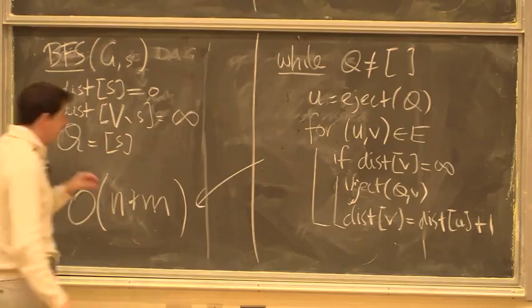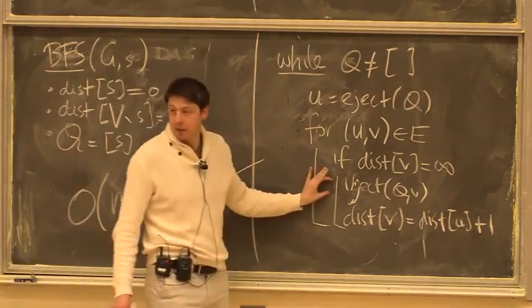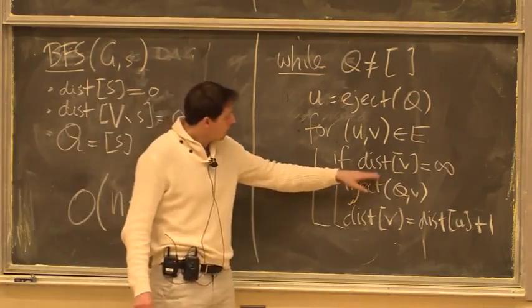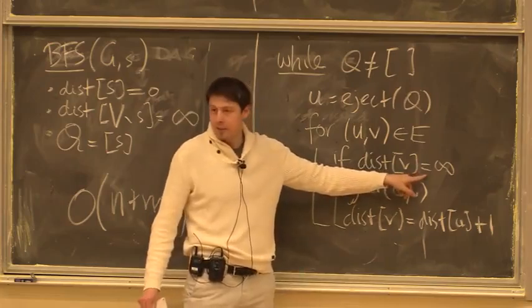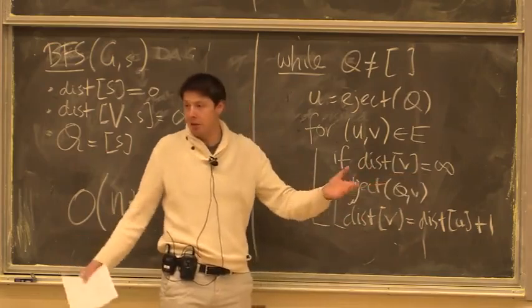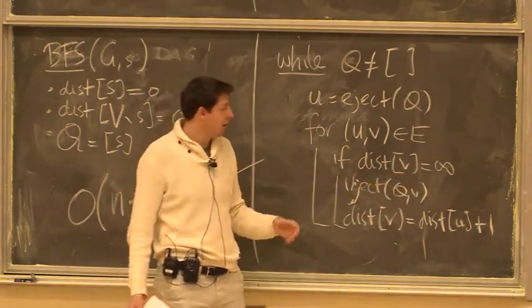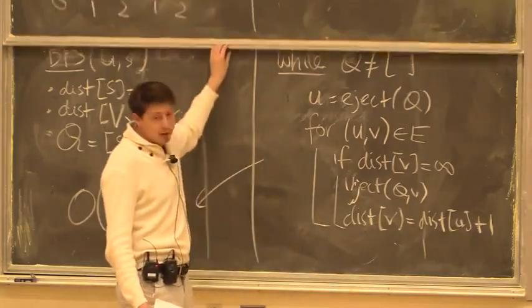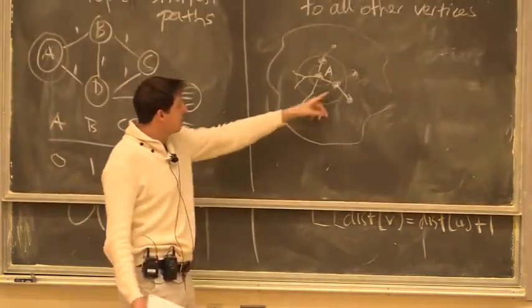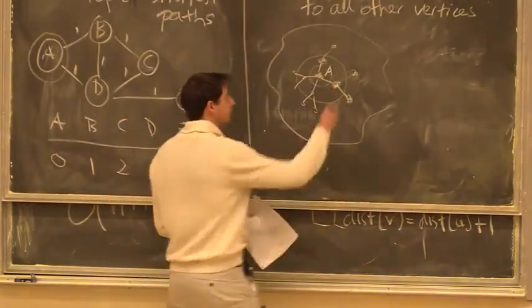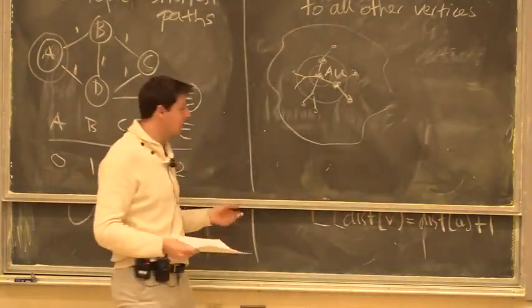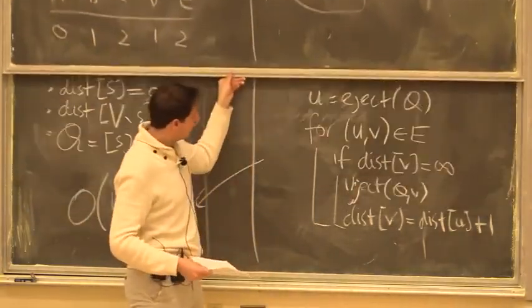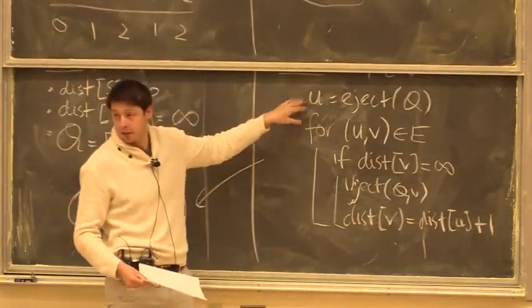So the question was, can I explain this line over here? When we see that V has distance infinity, we know it's not on the Q. It's a new vertex. We've never met it. Visually, that's what's happening here. I'm currently at U. U is on the Q, or at least was on the Q, because we ejected it.